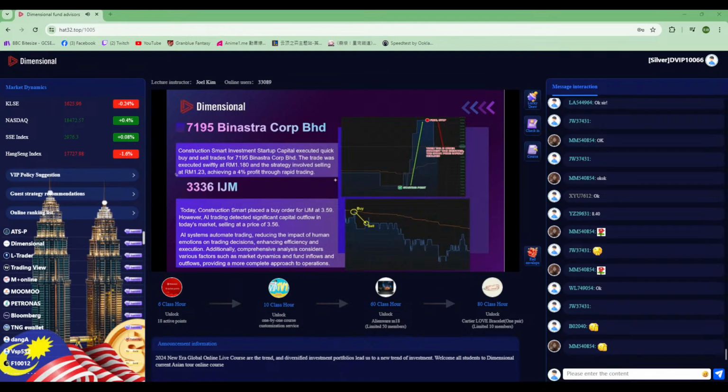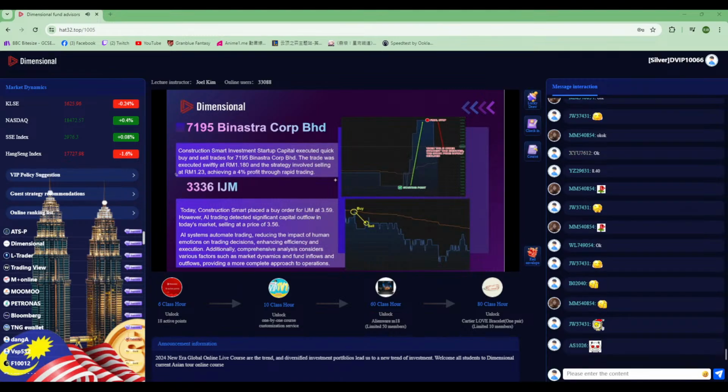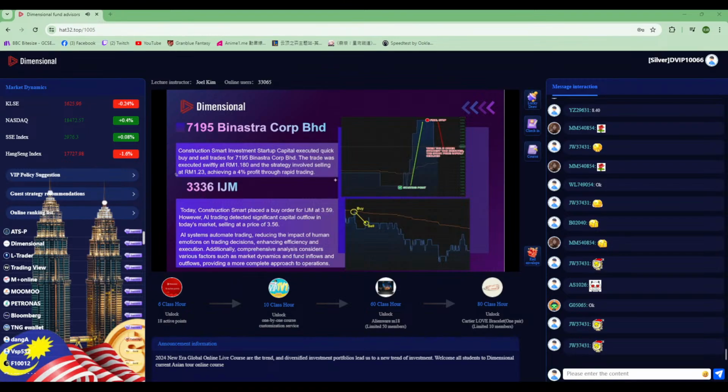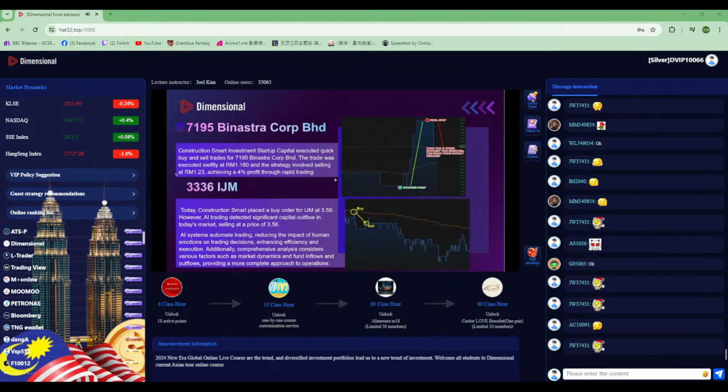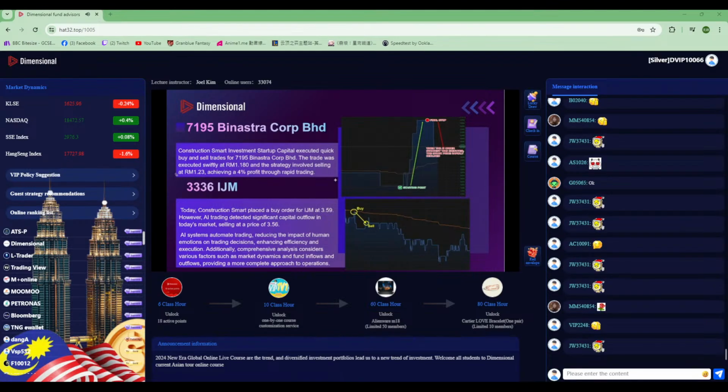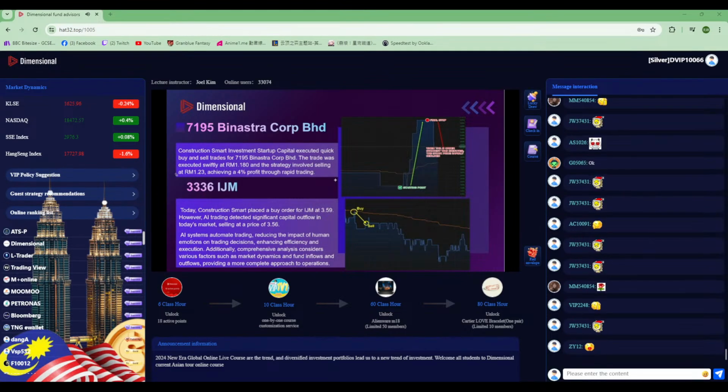However, AI trading detected a significant capital outflow in the market today, signaling to the AI that the support might be insufficient. So a minor stop loss sell was executed immediately to secure a reasonable profit for investors, selling at a price of 3.56.